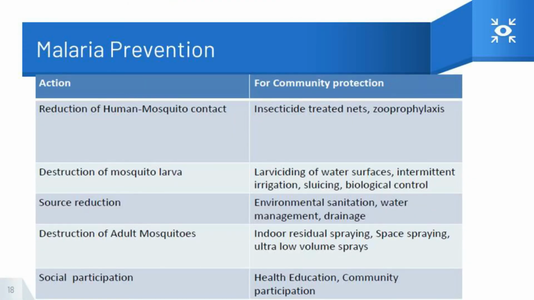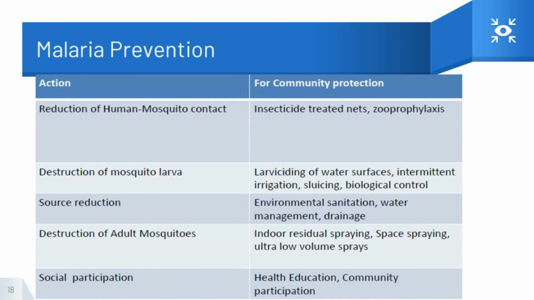As I have mentioned earlier, for us to reduce the human-mosquito contact, we should use insecticide-treated nets and zooprophylaxis. Zooprophylaxis is the use of wild or domestic animals which are not the reservoir host of a given disease.